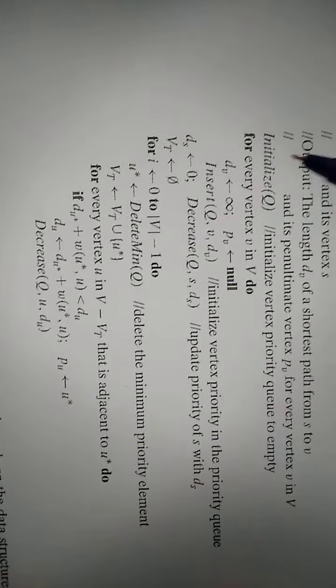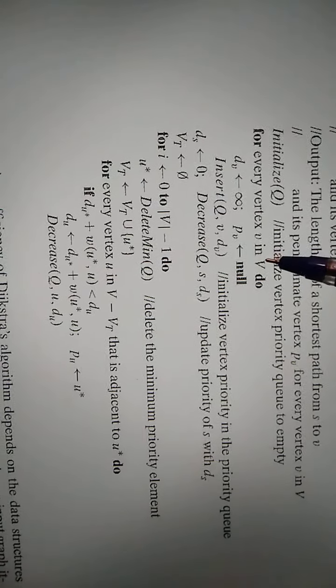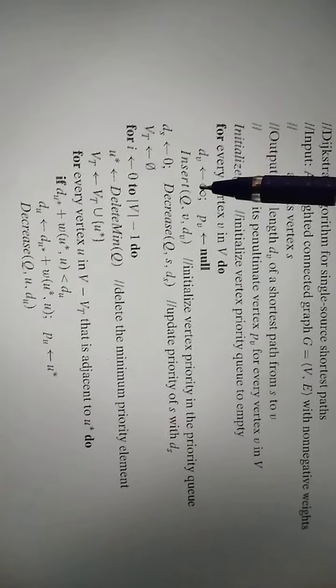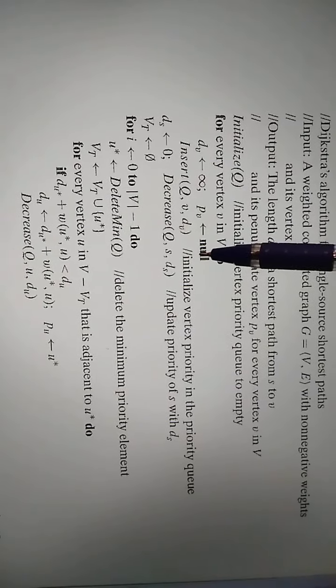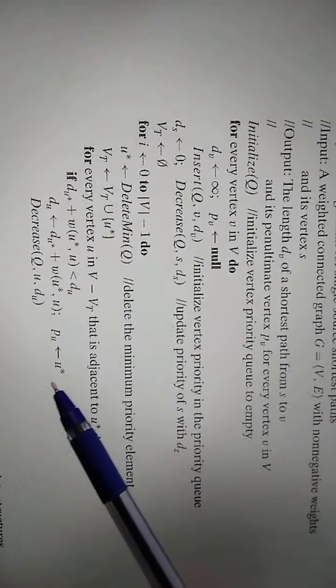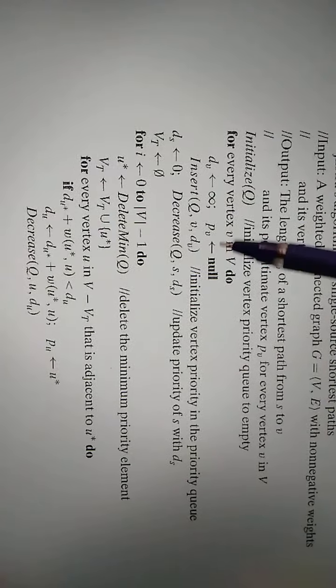The very first step is we have to initialize the priority queue. For every vertex v, I am setting dv to infinity and pv as null. I mean this is the priority for v, we are just updating it. So this is not exactly required.